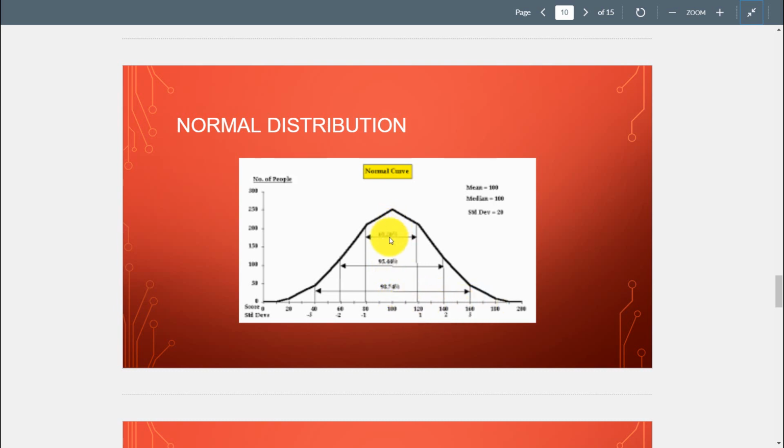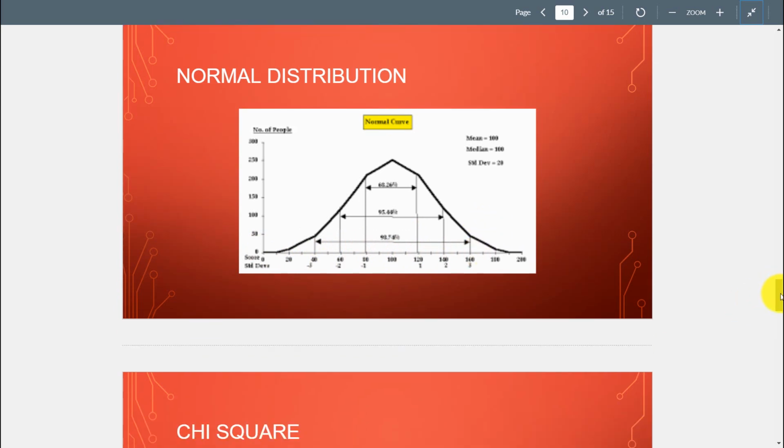This is something that would definitely be covered on an exam. The different intervals: 68.26, 95.44, and you remember 99.74% between the -3 and the +3 standard deviations. But again, I'll go over that at a later time.